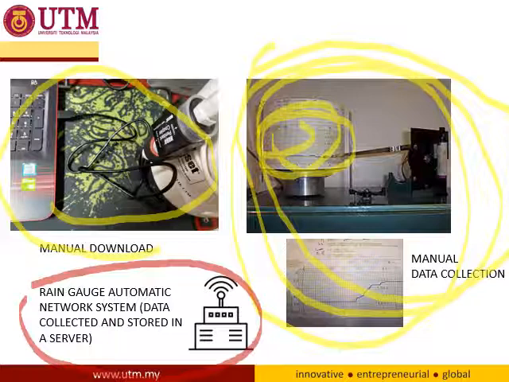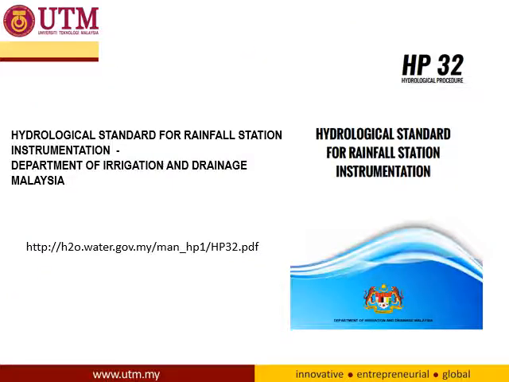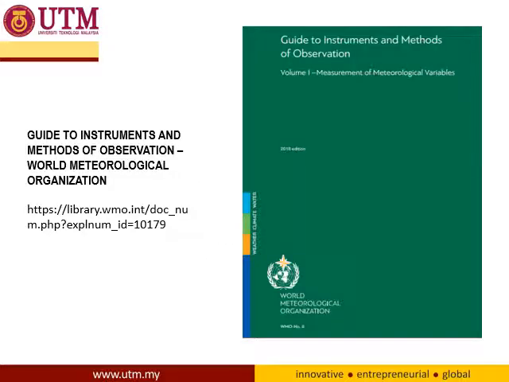But some stations are manual rain gauge stations, where somebody needs to collect the data every day. So there are several types of data acquisition method. For more information on rainfall stations and instrumentation, you can look into the Malaysian standard for rainfall station instrumentation, and also the World Meteorological Organization. So we have these kinds of manuals.